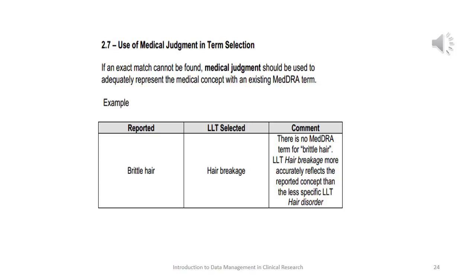In the comment section, we see that there's no MedDRA term for brittle hair, and the lowest level term, hair breakage, more accurately reflects the reported concept than the less specific lowest level term of hair disorder. So this could be an example of how we might have to use our judgment to associate the right term for that medical verbatim.